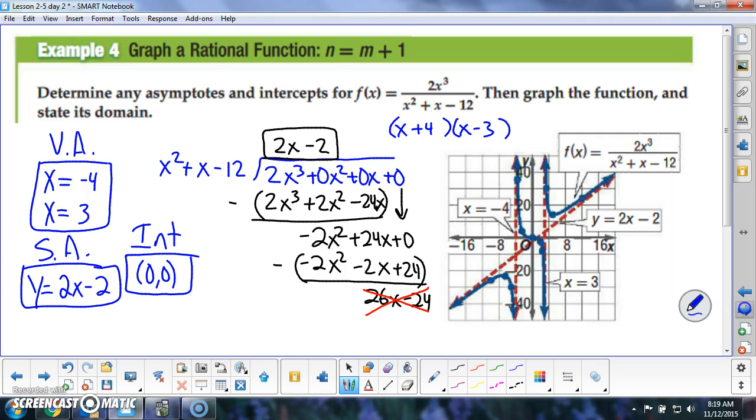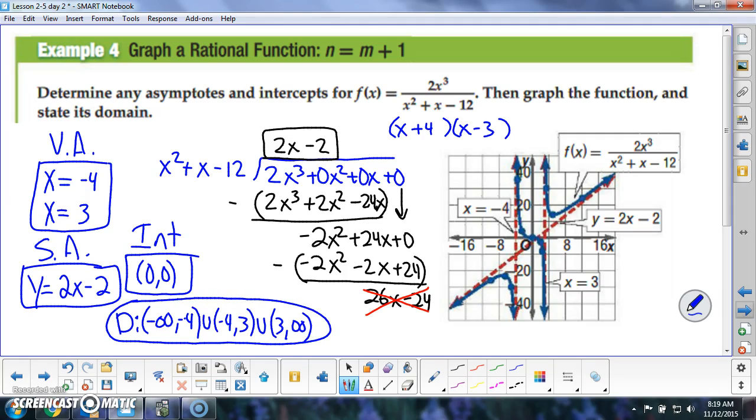And then lastly, state the domain. The domain is going to be all numbers except the two numbers that we have vertical asymptotes at. So negative infinity to negative 4, unioned with negative 4 to 3, unioned with 3 to infinity. That's basically all numbers except for negative 4 and 3.